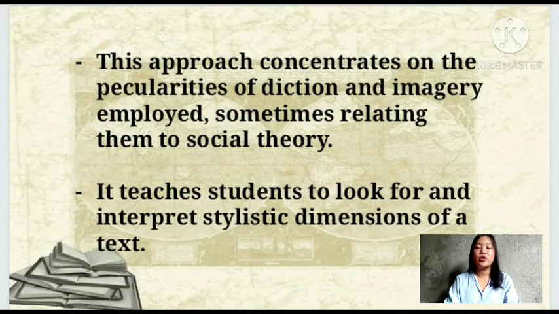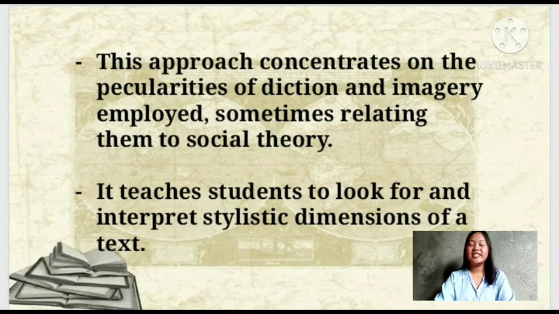It teaches us to know what makes the language of literature different from the everyday language that we use. Stylistic approach teaches students to look for and interpret the stylistic dimension of a text. Yes, we can easily say that texts really have meanings, but through this approach, the hidden or deep meaning within a text is analyzed and recognized properly.